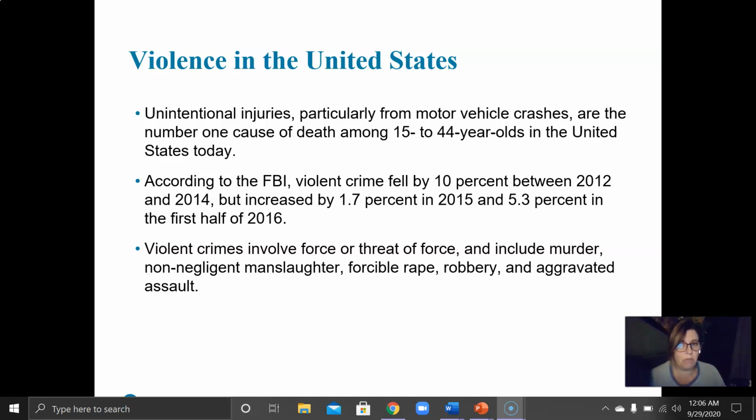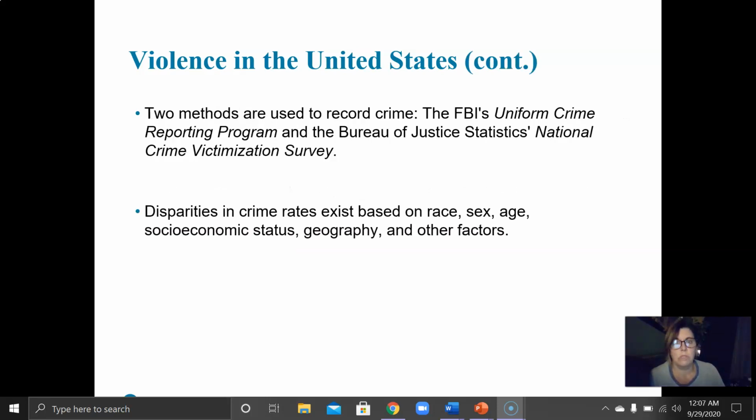Violent crimes involve force or threat and include murder, non-negligent manslaughter or forcible rape, robbery, and aggravated assault. Two methods are used to record crime: the FBI's Uniform Crime Reporting Program and the Bureau of Justice Statistics National Crime Victimization Survey.